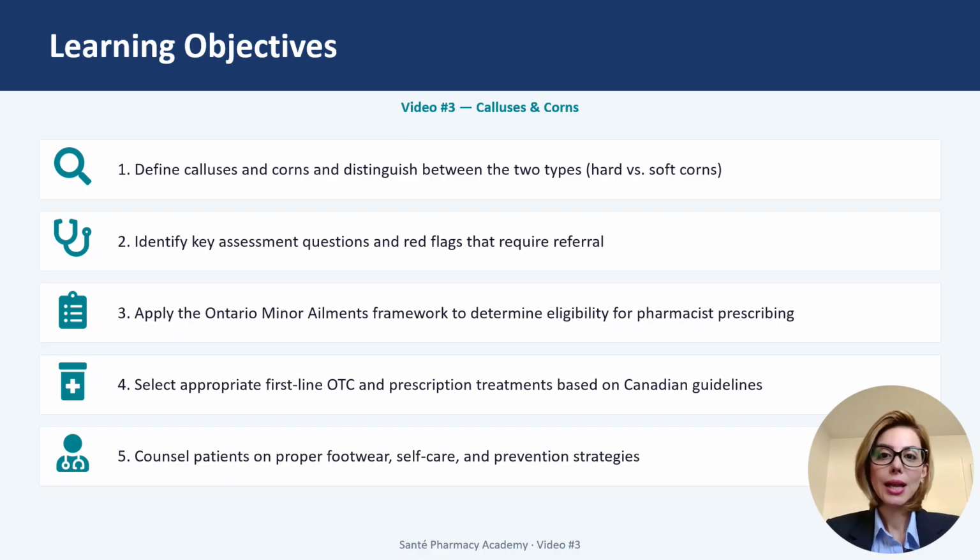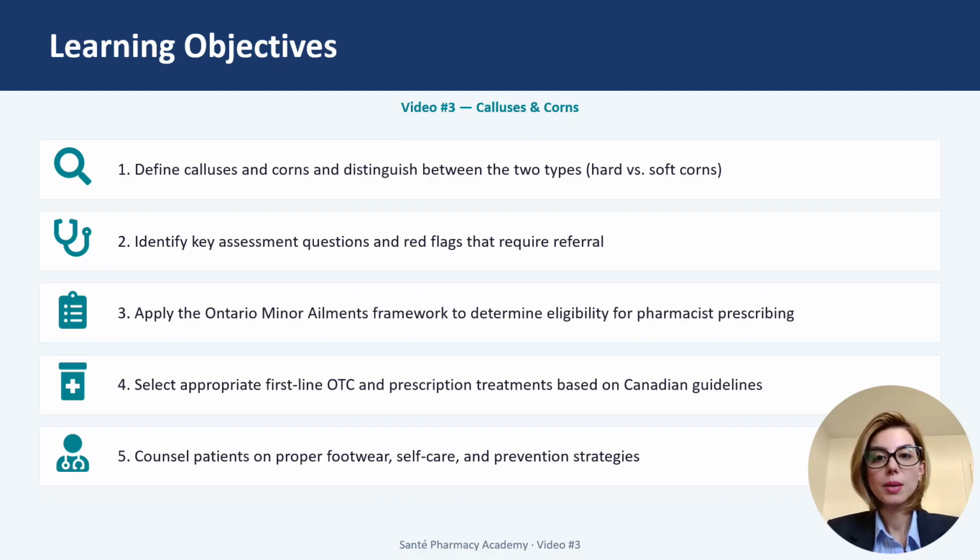Let's take a quick look at what we're going to cover today. By the end of this video, you'll be able to define calluses and corns and tell them apart, including hard versus soft corns, ask the right assessment questions, and spot the red flags that should send a patient straight to referral. Apply the Ontario Minor Ailments framework to decide if you can prescribe.